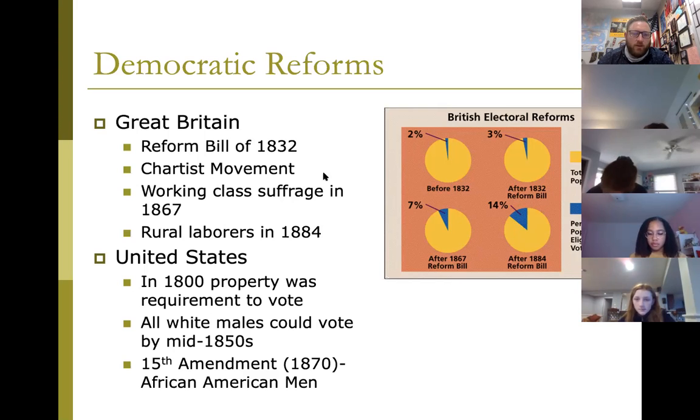You are correct. But the U.S. was much better. In 1800, you had to have property and be white to vote. By the mid 1850s, you could vote whether you had property or not. And then the 15th Amendment said that we're not allowed to tell a person they cannot vote because of their race or skin color.